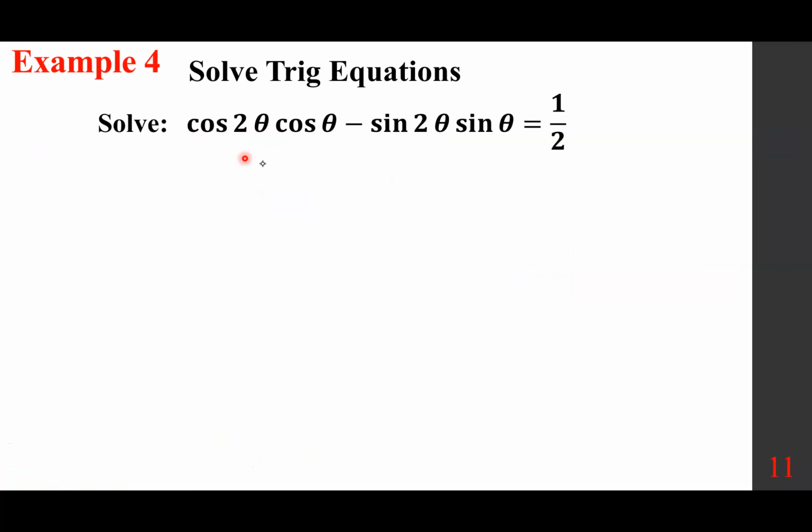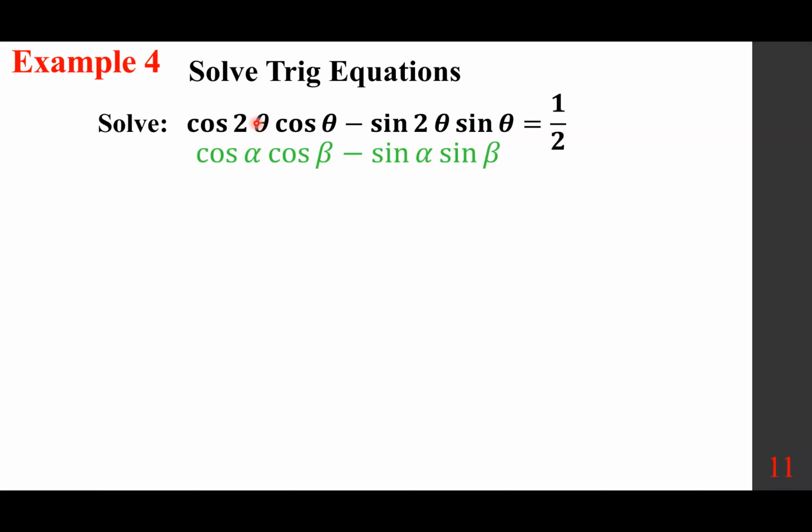All right, we want to solve this equation: cosine of 2 theta cosine theta minus sine 2 theta sine theta equals 1/2. This is like cosine of alpha cosine of beta minus sine of alpha sine beta, where alpha is 2 theta, everybody.